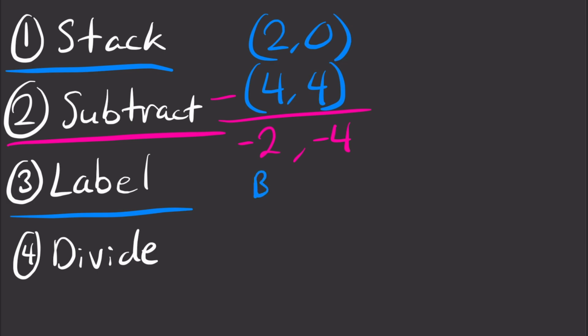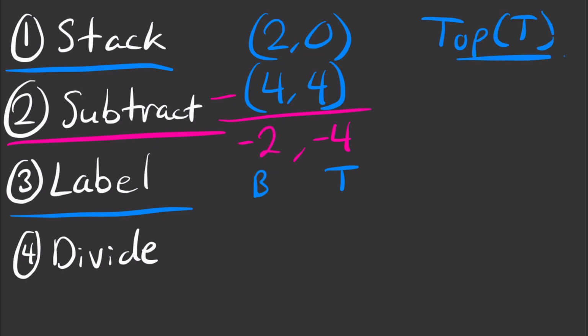So I'm going to put a capital B. Capital B goes for that first number. Second number gets a capital T. And those letters mean something. So we're going to do the top, or T, over the bottom, or capital B.